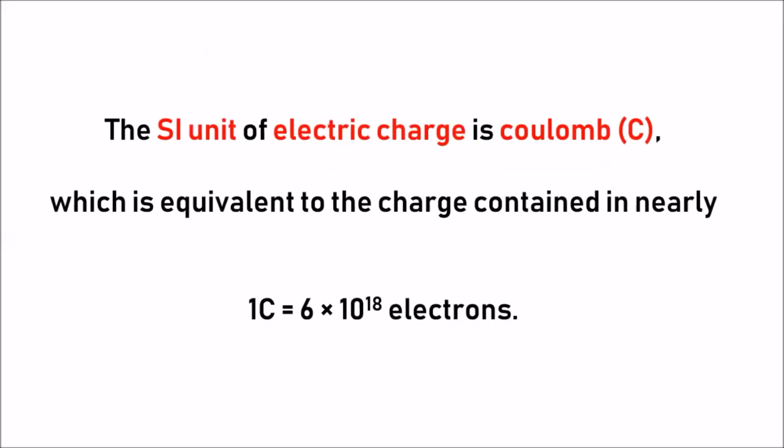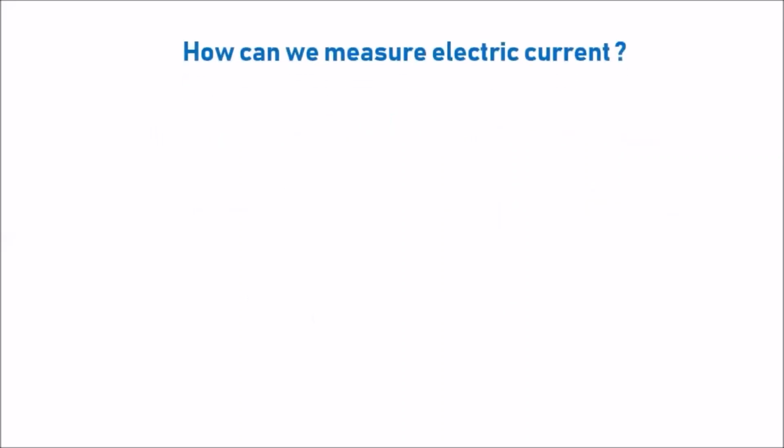I mean a group of that many electrons is nothing but 1 coulomb. So you can keep 18 zeros beside that 6 and you can count how many electrons are considered as 1 coulomb. So 1 coulomb is not a small amount, it is a very big amount.